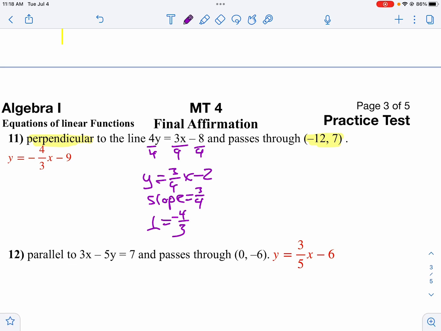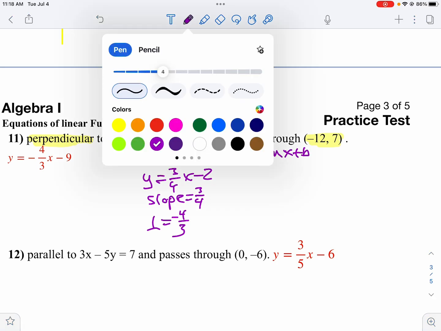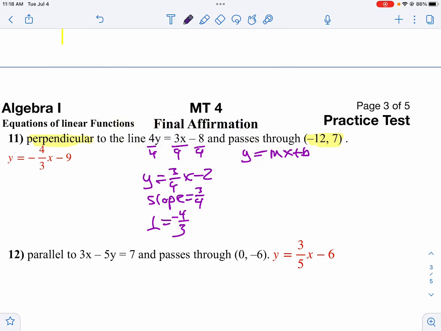So I'm going to go y equals mx plus b. I'm going to replace my y with 7. M is going to be negative 4/3. X is going to be negative 12. And I'll solve for b.